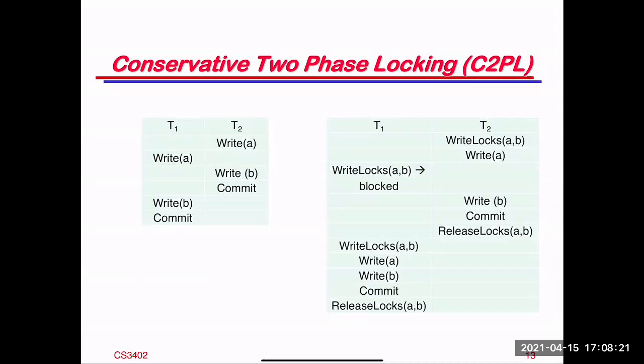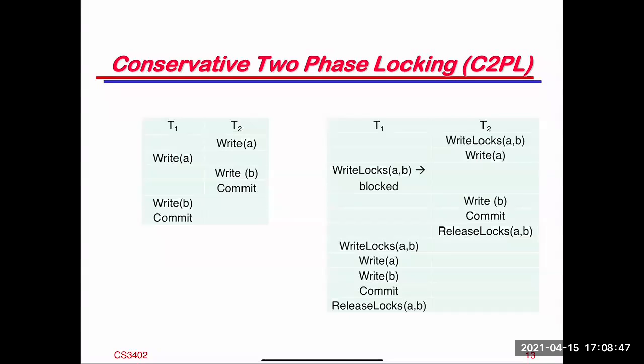That's what we mentioned earlier on. And since we're doing conservative two-phase locking, we can just acquire all the locks at the start. So T2 will need to acquire locks not just for A, but also for B, because later on it writes B. So it needs to acquire write locks for A and B.